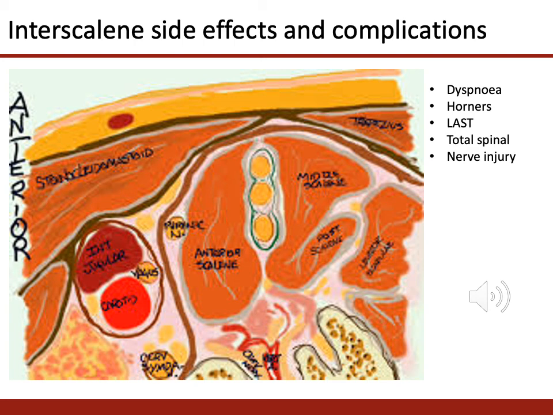So we can see how any local anaesthetic solution which is deposited between the scalene muscles would travel round and block the phrenic nerve. In almost 100% of cases, if more than 10 mils of local anaesthetic is used, the phrenic nerve will be blocked. Whether this causes clinical dyspnea or any clinical side effects is very patient dependent.